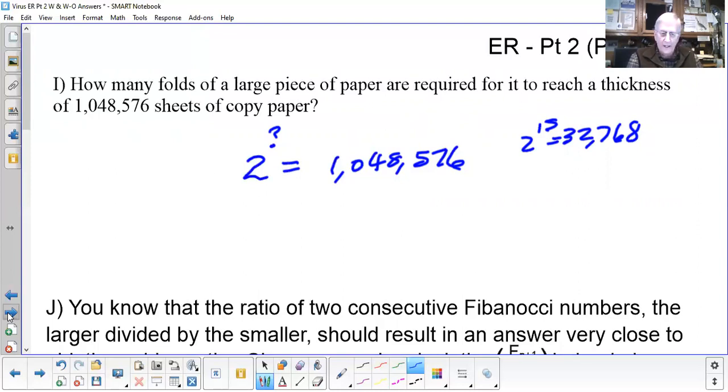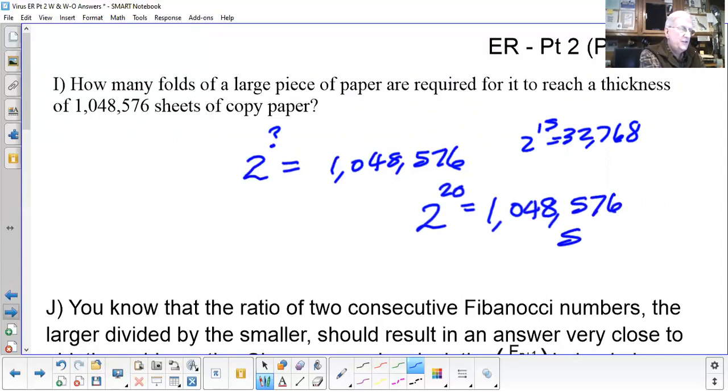Ooh, right on. 2 to the 20th power gives me 1,048,576 sheets of thickness. So if you are faced with this problem on the final, you want to make sure you do it by trial and error to determine the answer to this question.